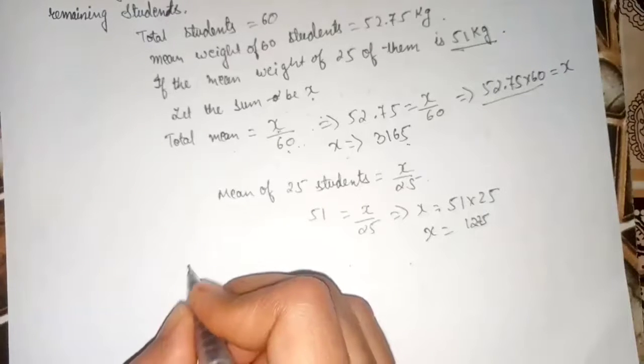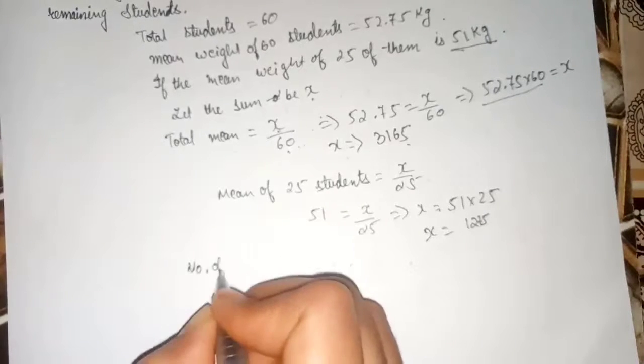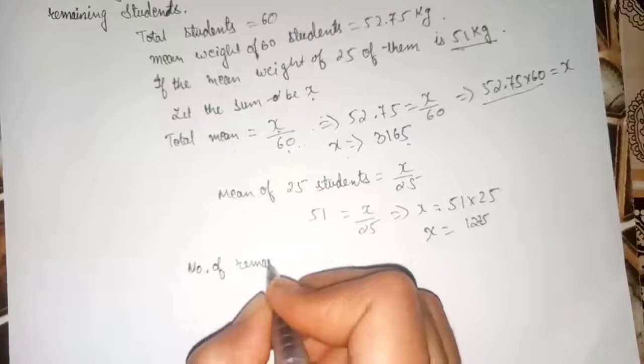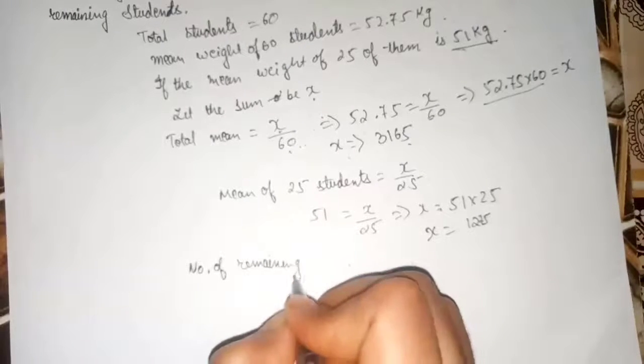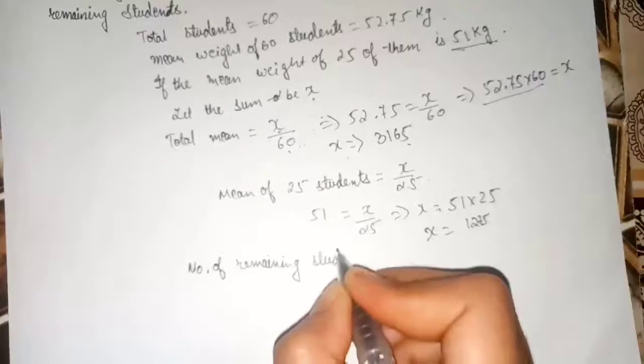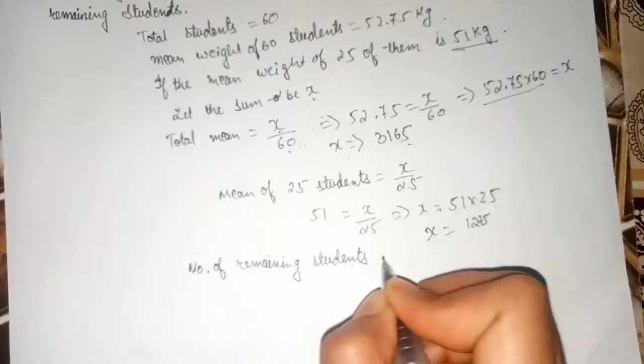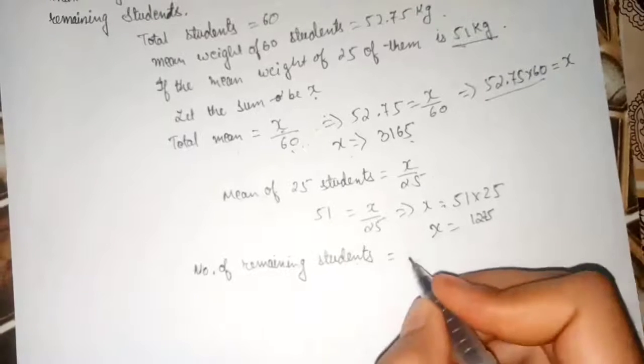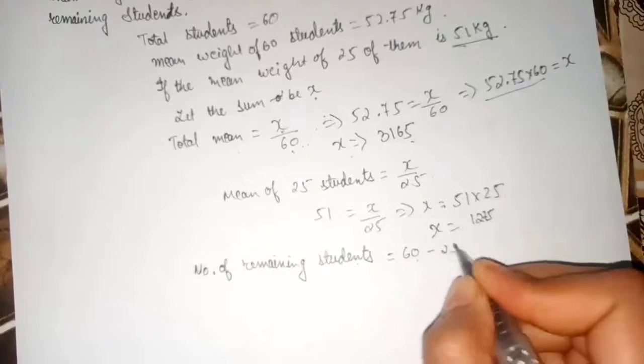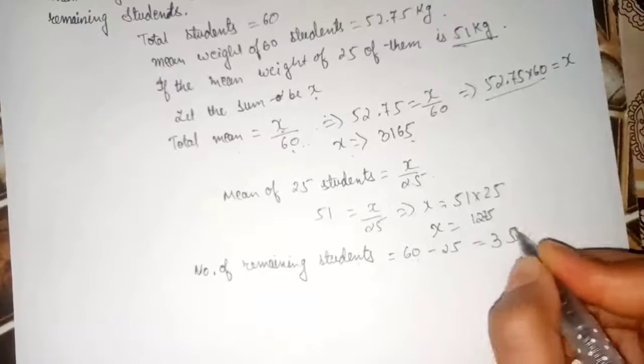Okay, so the number of remaining students. We have to find the remaining students' mean. So the number of remaining students equals the total, which was 60. 60 minus 25 will be 35.